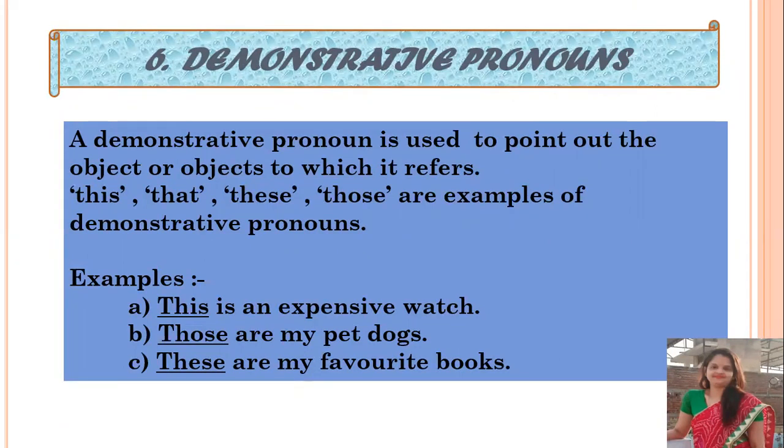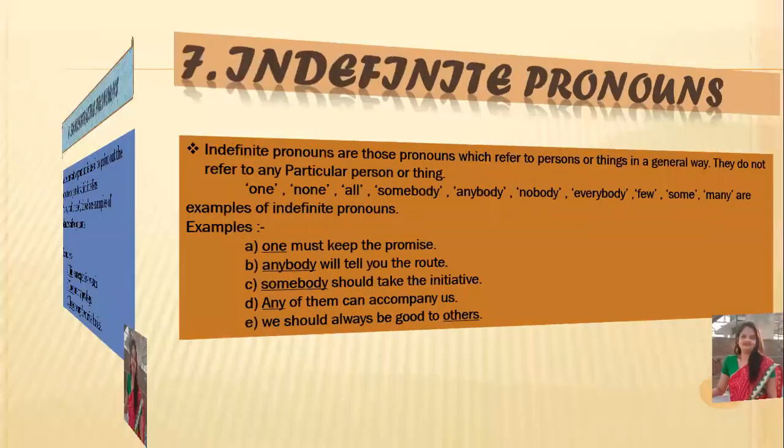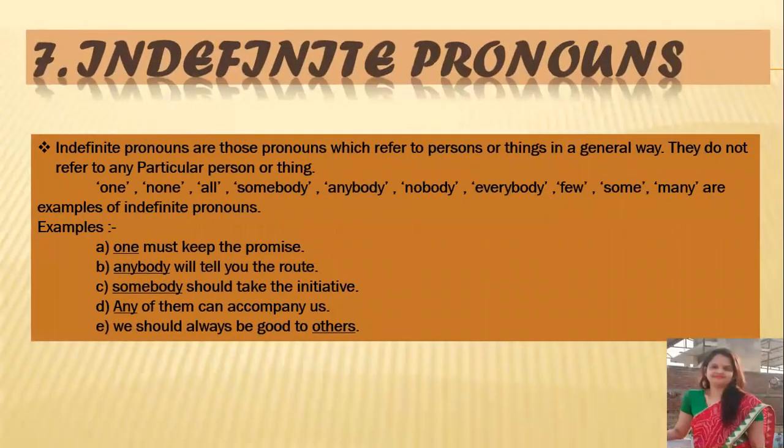Let us proceed to the seventh one, that is indefinite pronoun. See, indefinite pronouns means the pronouns which refer in a very general way. General way means it does not point out any particular person or thing. Suppose if we say, one must keep the promise.